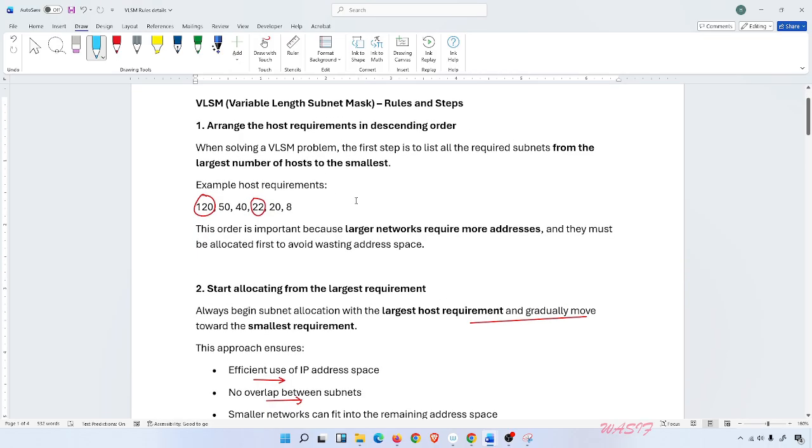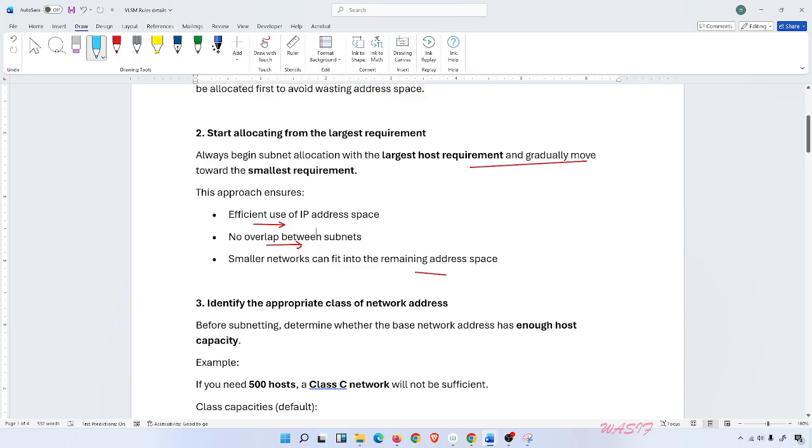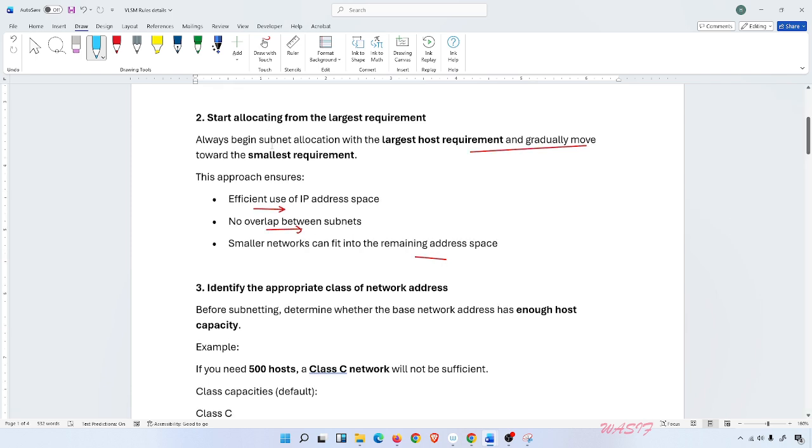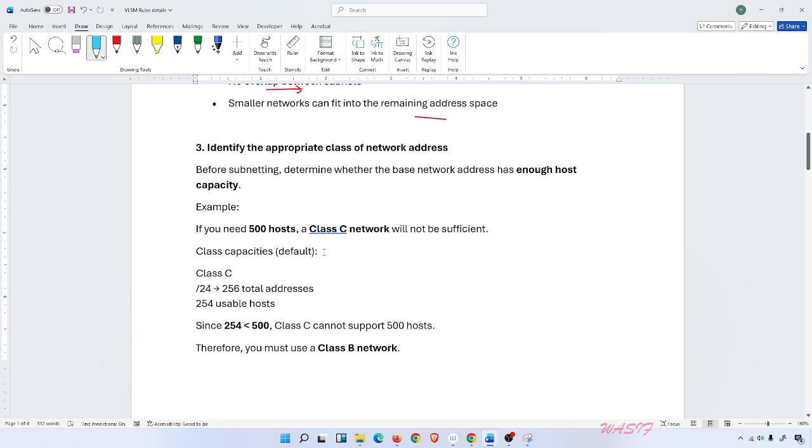A recap. Arrange them in descending order. Always start with the largest one, the highest number or largest host requirements, and move gradually to the smallest requirements. Identify which class is required, and that should be done based on the first subnet that you want to solve, the first requirements.